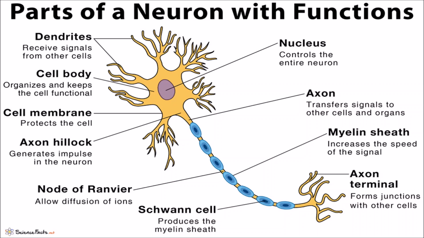Myelin sheath is a fatty insulation around many axons. The axons vary in length and diameter, with larger diameter indicating faster action potentials influencing neural conduction. The axon may have branches known as axon collaterals.